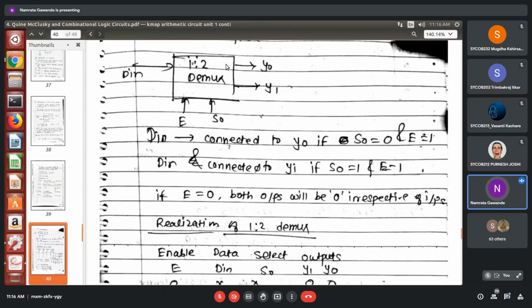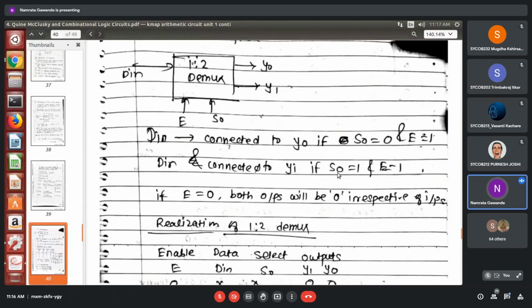It will get enabled. So when E equal to 1, as S0 equal to 0, which one of these outputs will the input be transmitted to? D in is connected to Y0. D in is connected to Y1.